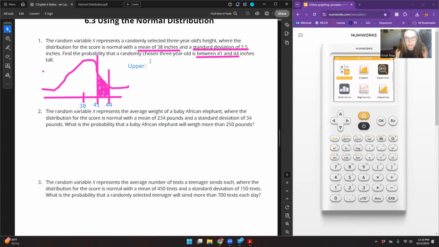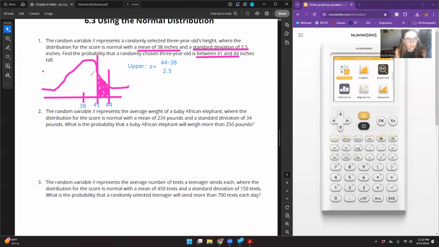All right, so we're going to use our formula for z-score, and that is that z equals x minus mu, all divided by the standard deviation. So the upper bound is 44 minus 38, all divided by the standard deviation.